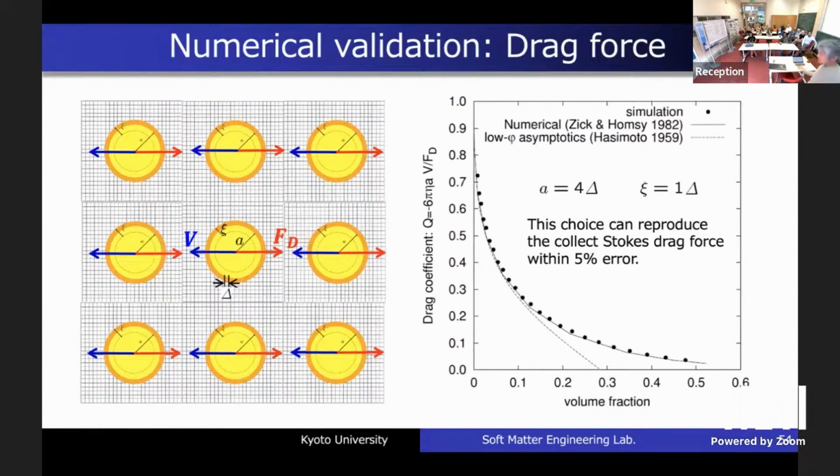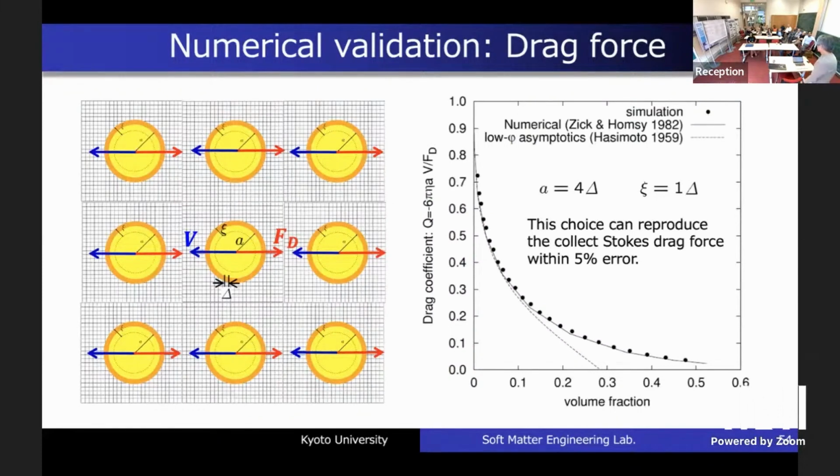If the density is 0, the mobility is the well-known Stokes value. But with increasing volume fraction of this array, the mobility decreases. We know the theoretical prediction for that. This dot corresponds to the numerical data with a resolution of 8 grids for one diameter of the particle. As you can see here, as far as we are interested in the drag coefficient, the accuracy is very satisfactory.